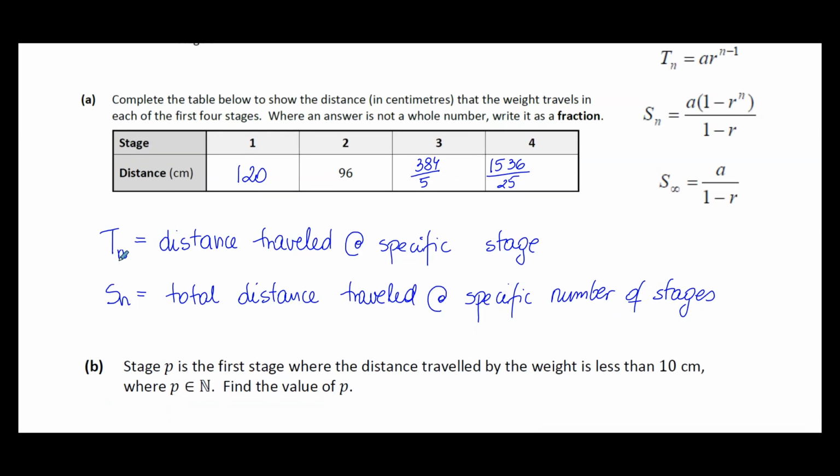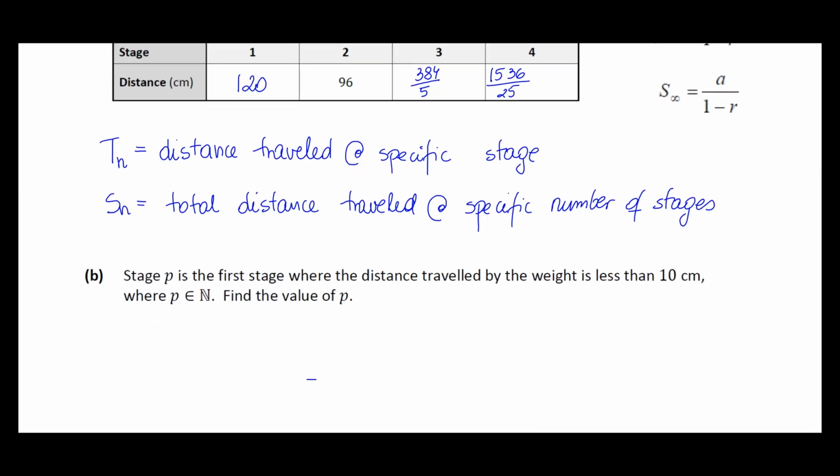In the context of this question, Tn represents the distance travelled at a specific stage. So let's say I want to know how much it travelled at stage 10. Then I'm looking at Tn. But if I want to know in total, from the very beginning to stage 10, how much did it travel, then I'm looking at the sum formula.